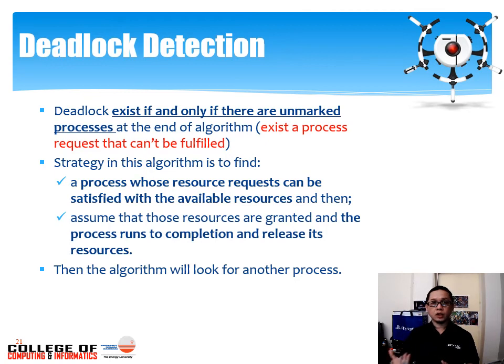If you don't have enough resources for the amount of requests coming from the processes, you can decide whether to forcefully terminate a process or to release other resources that have been given to other processes. So you need a combination of methods in the deadlock management algorithm.